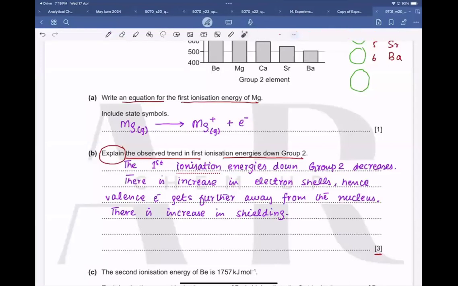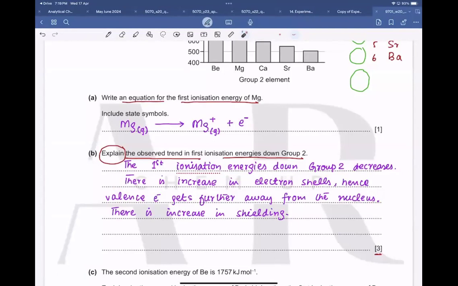Baneen, see, this is what it means, what you have said. Nuclear attraction. Now we have to talk about the nuclear attraction.